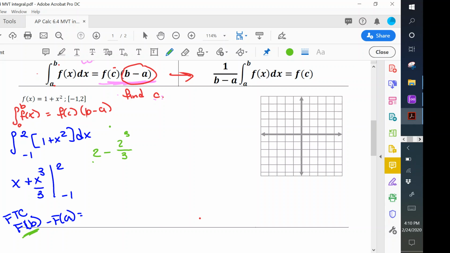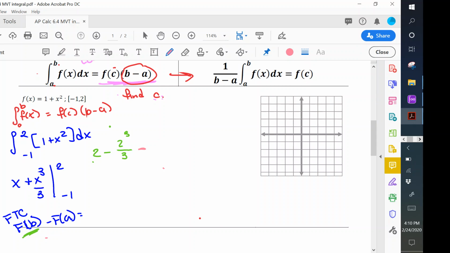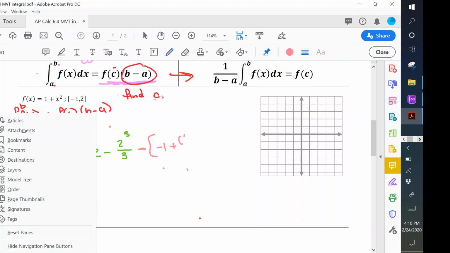That is my f of b part. Then I'll do my next part in pink, subtracting my f of a, which is my value here, so it's going to be -1 plus -1 cubed over 3.